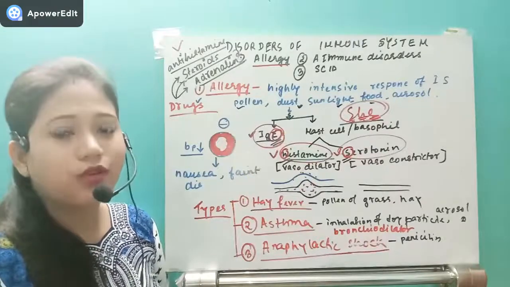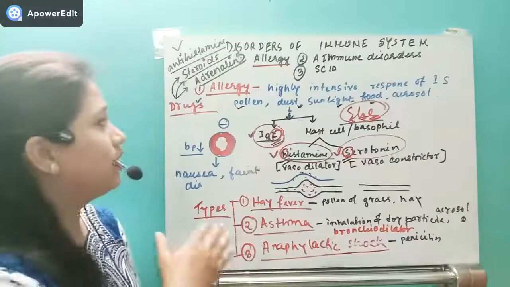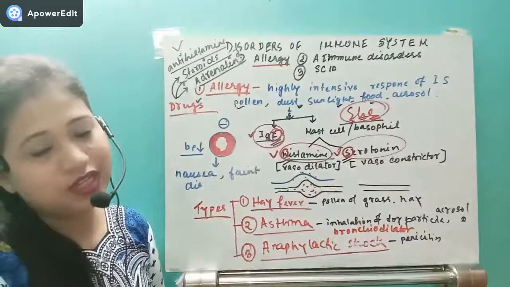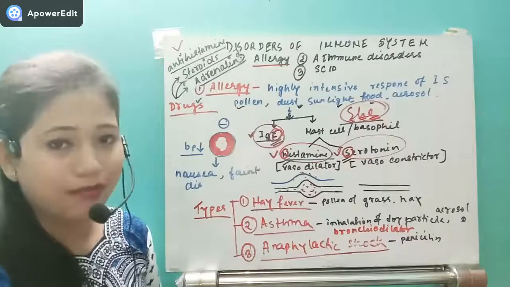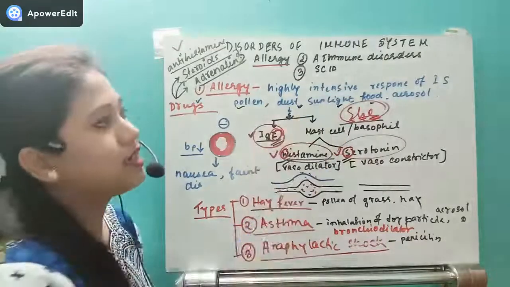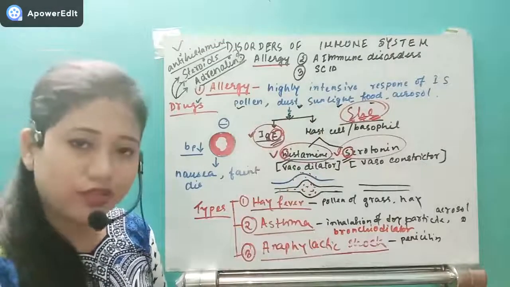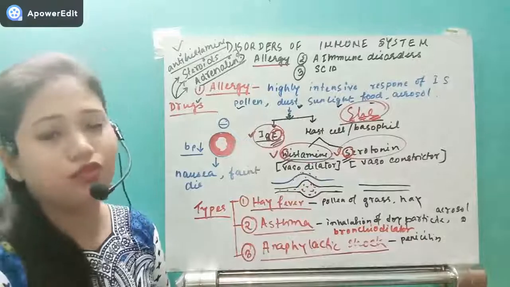Okay, so that is all about allergy. Hope you have understood how it happens and why it occurs. This is actually due to an intensive or exaggerated immune response. It is not a disease, it is just an immune response.